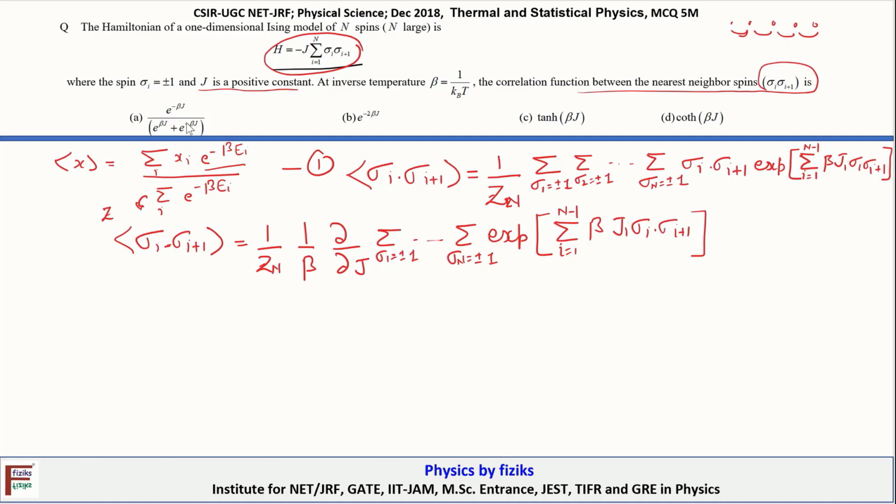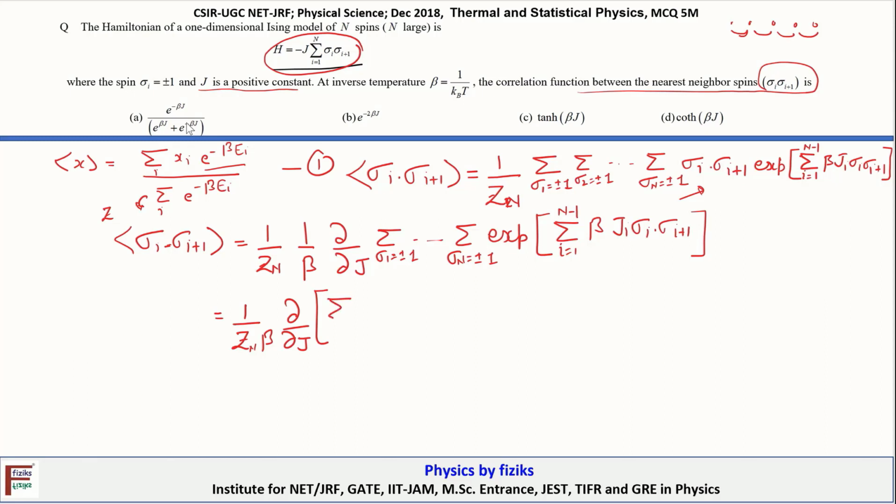Okay, and this can be further rewritten as 1 by Zn. So here basically we have taken a differential with respect to J, and when we do this we will recover this expression. Okay, so 1 by Zn into beta, curly partial derivative with respect to J of, so we can expand this expression inside the bracket.